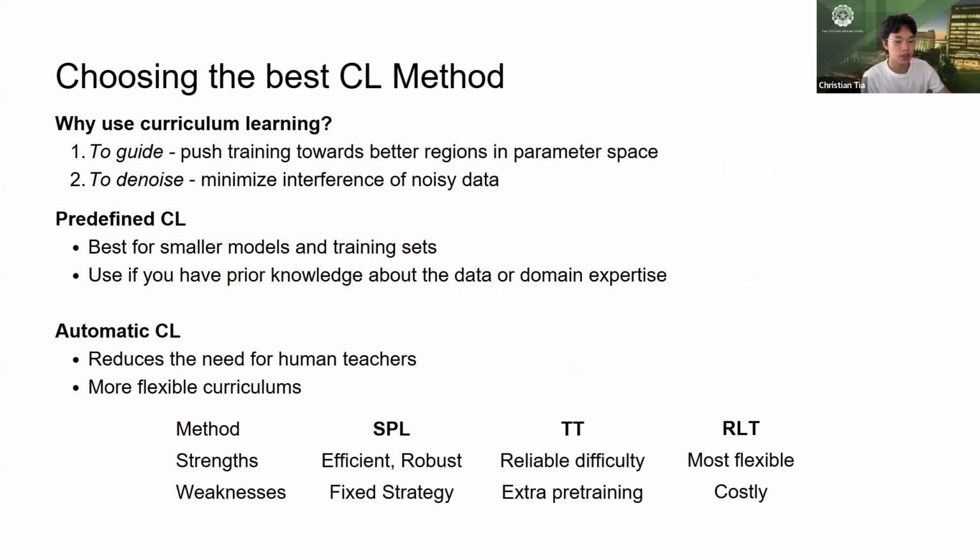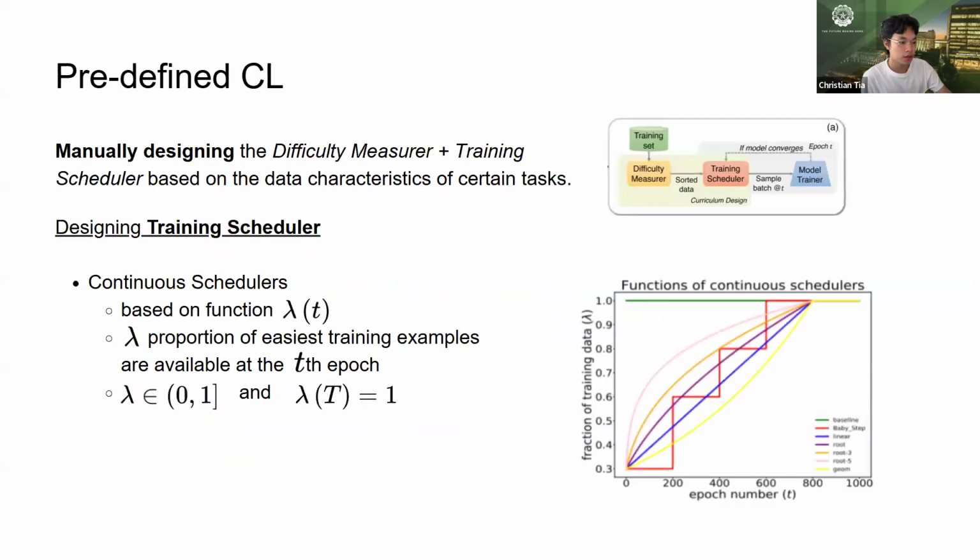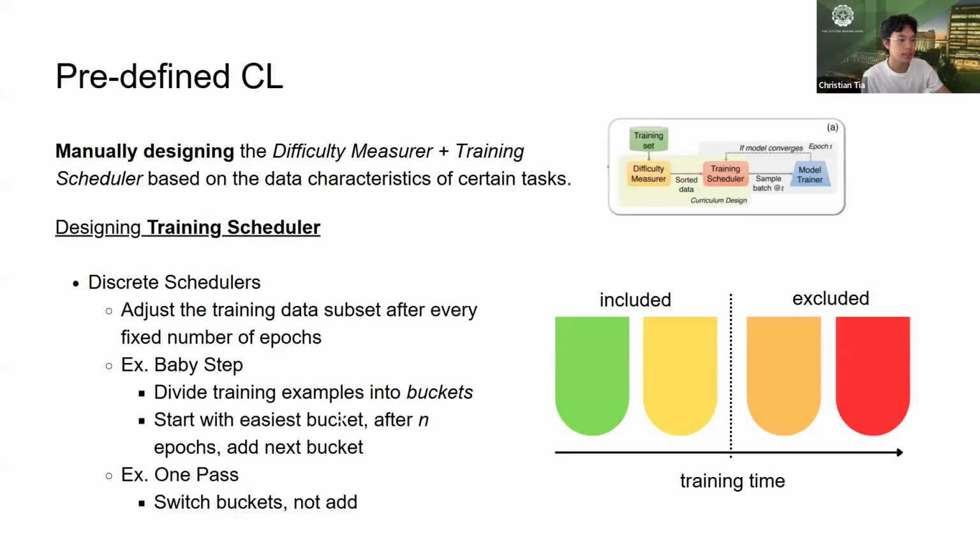Yeah, so that's a good question. If I go to, I think this is a good example, because we have here two different algorithms. One is baby step, which always makes sure to include the examples from previous distributions, while we have one pass here which actually switches the buckets. And it's been found that the generalization ability of the one pass, which switches buckets instead of just adding them, is poorer than baby step.